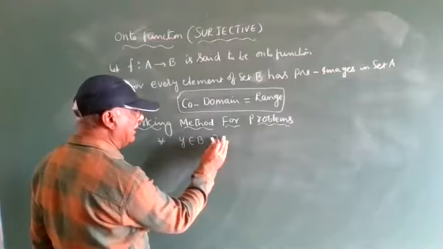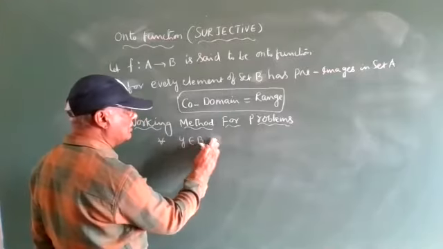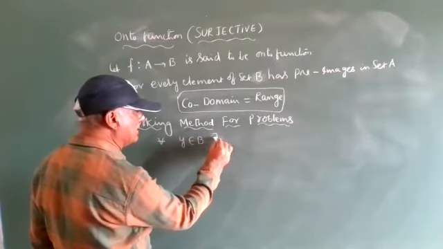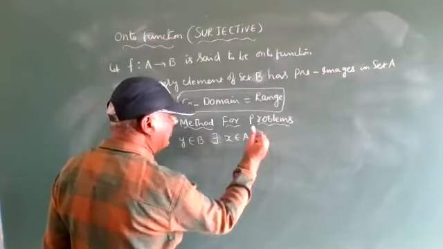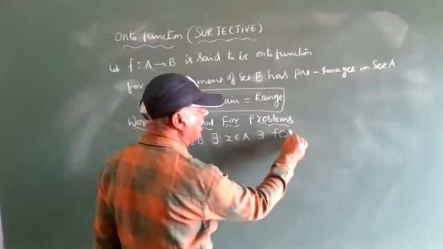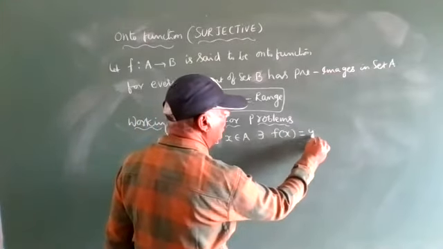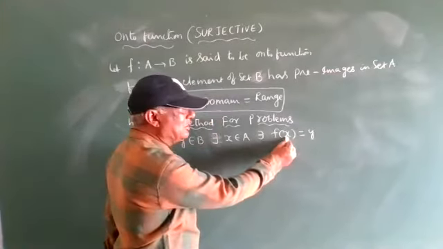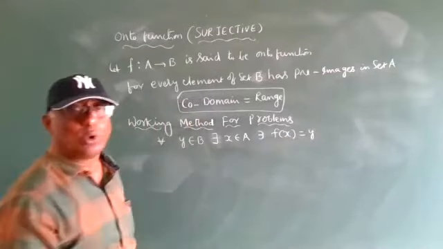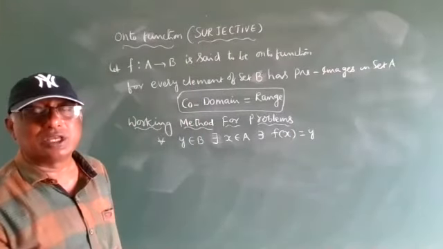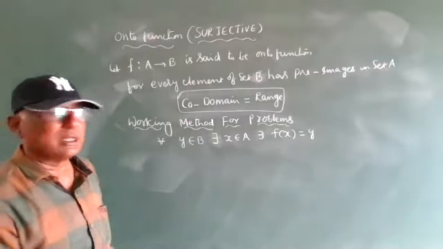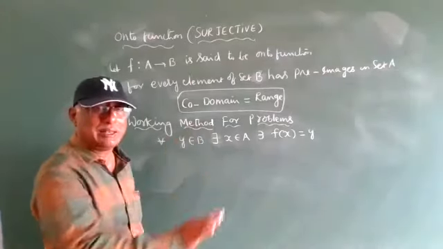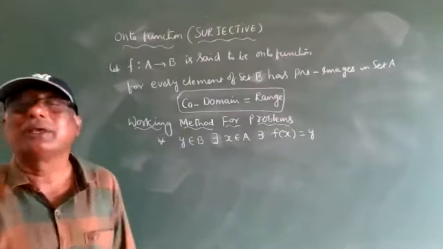For all y belongs to B, there exists x belongs to A such that f of x is equal to y. So this is range equal to codomain. Range equal to codomain is called an onto function. How can you prove it? I will tell in problems. Then only we can understand.